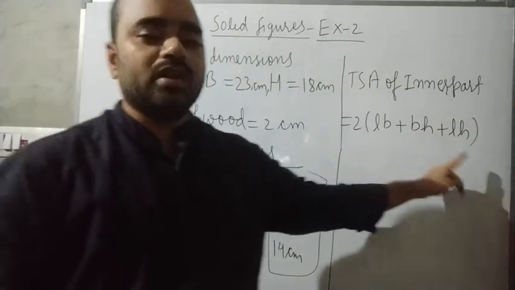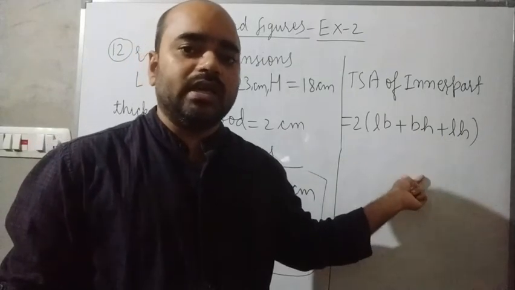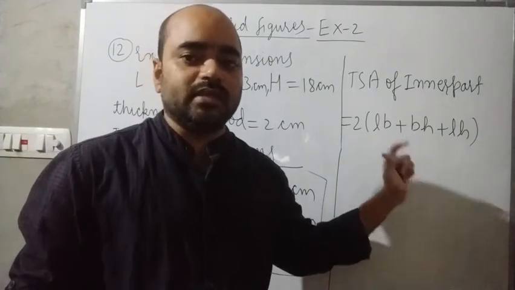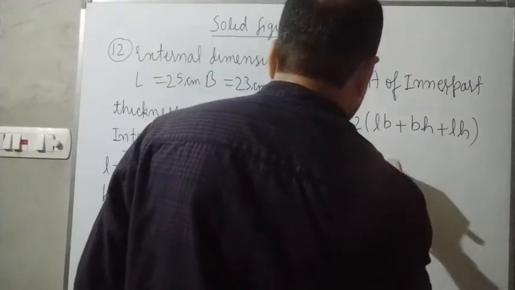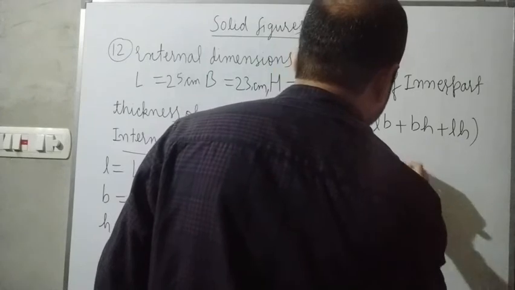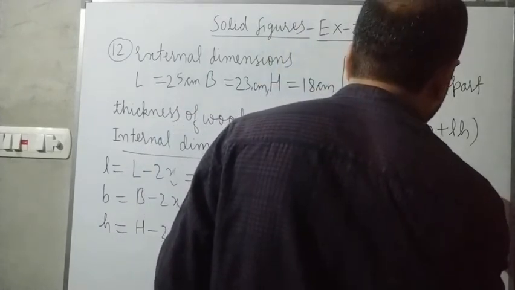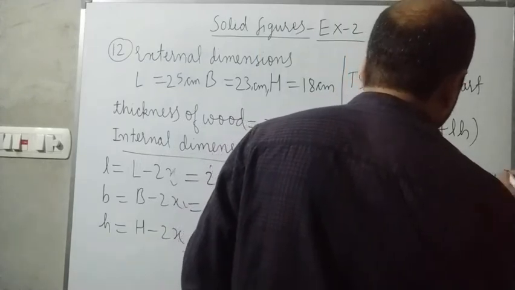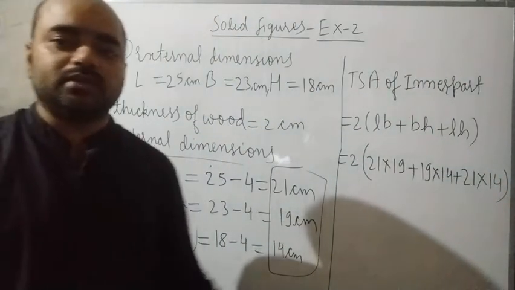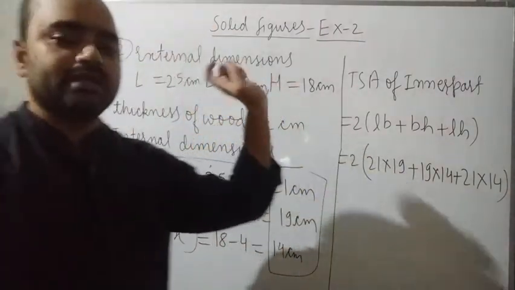I am writing in small letters, which means we are finding the internal surface area. Now substitute the values: 2(21 into 19 plus 19 into 14 plus 21 into 14). You will solve that and give your answer in centimeter squared, no problem.